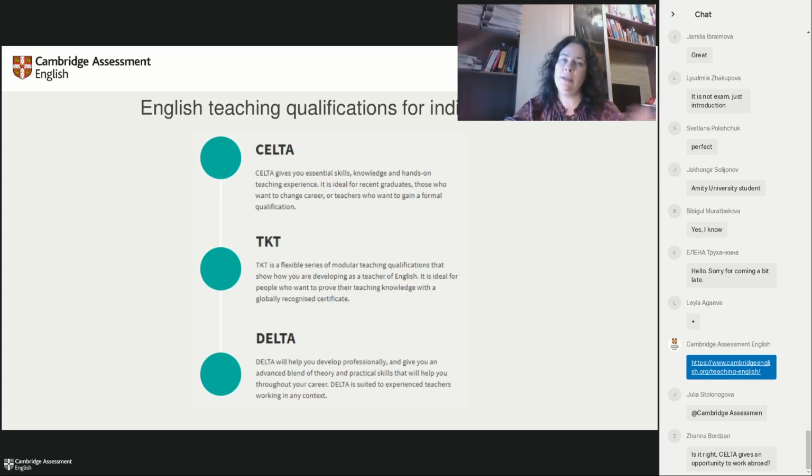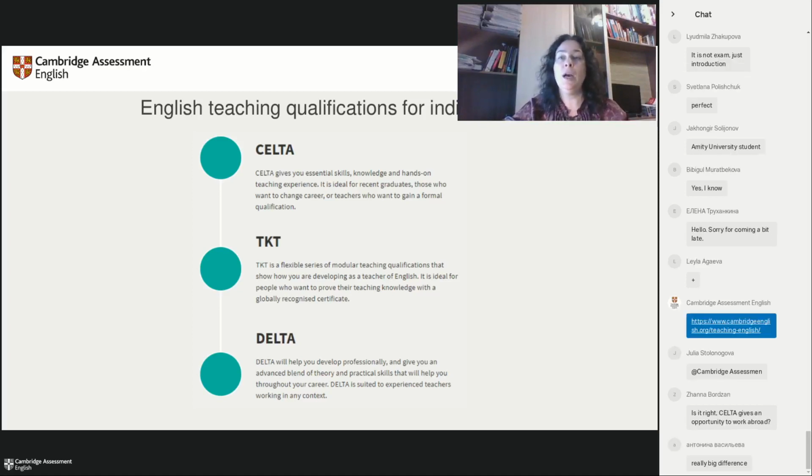And in Delta Module 1, you have to produce your own responses, short responses and longer responses depending on the task type. In TKT, you don't write anything, you just shade in the lozenges. I'll show you the answer sheet in a moment.